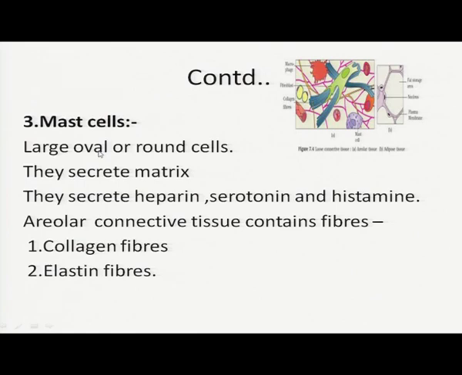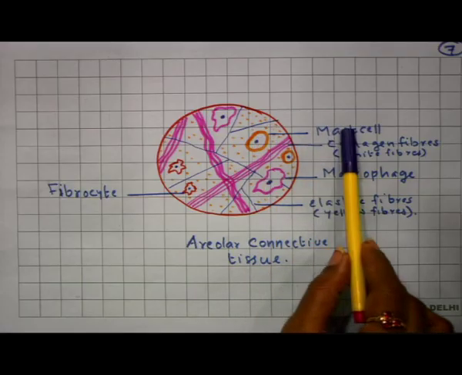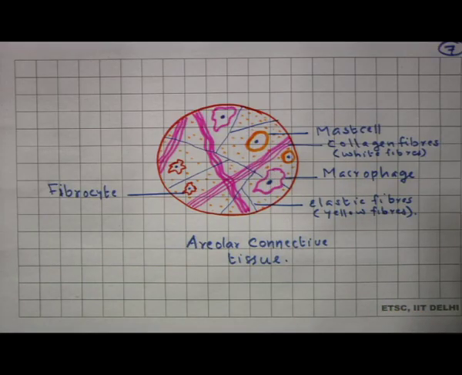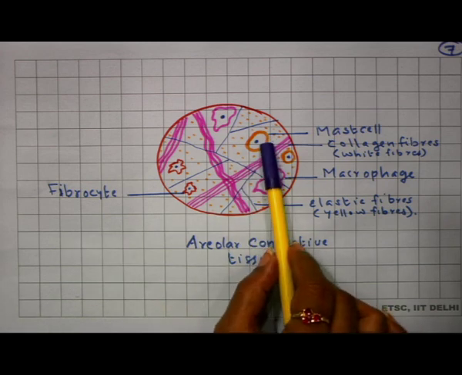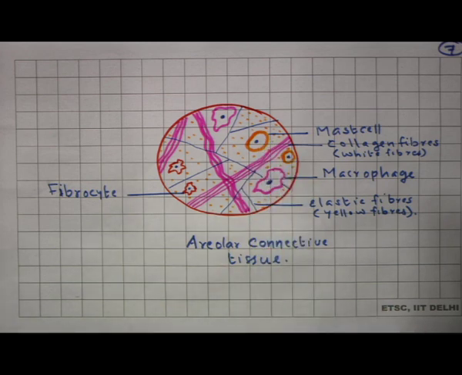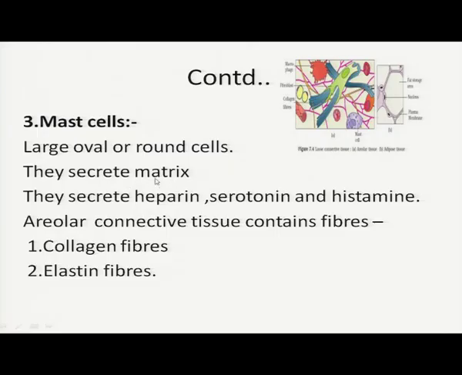The third category of cell is the mast cell. It is a large cell, oval or even round in shape, and it secretes the matrix. Similarly, they secrete the anticoagulant heparin, serotonin and histamine.